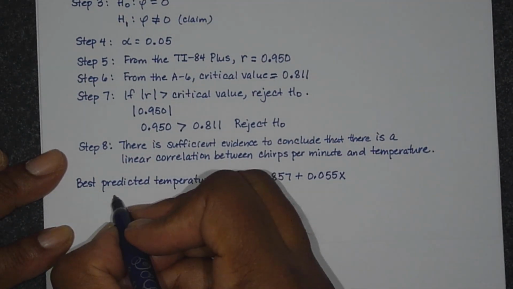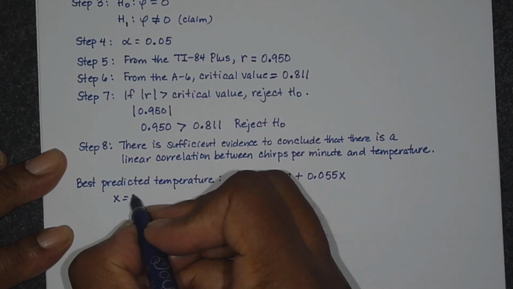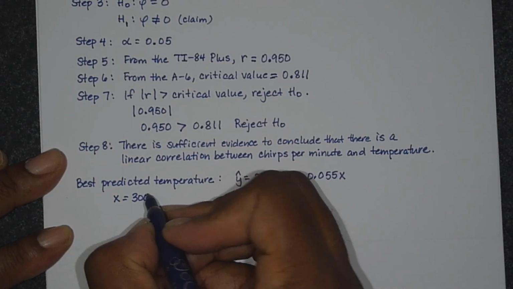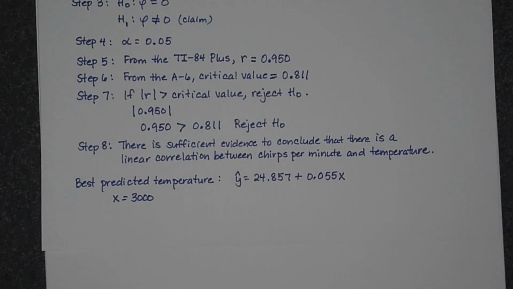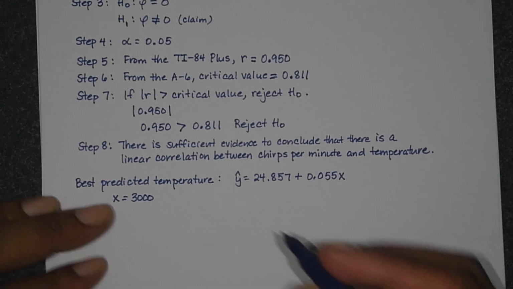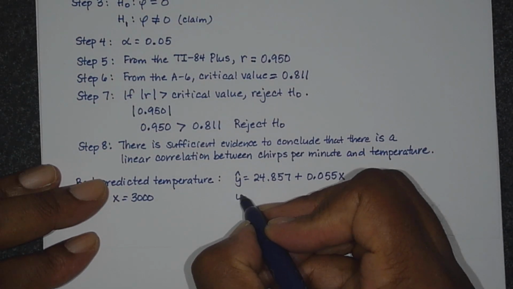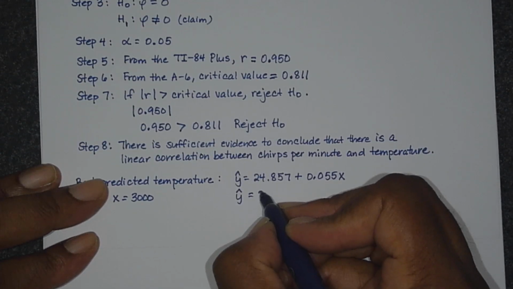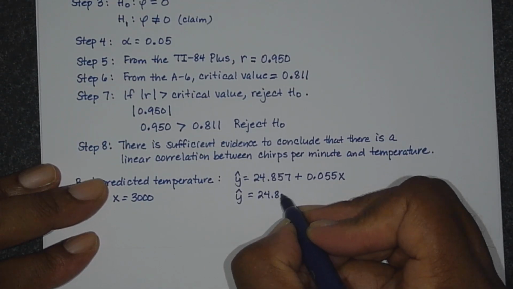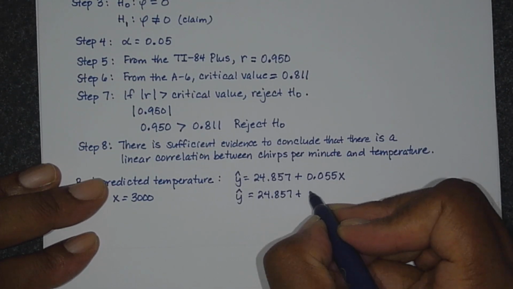And in this case, our x is 3,000, because in the problem it says find the best predicted temperature for a time when a bug is chirping at the rate of 3,000 chirps per minute. So x is 3,000. We just substitute the x in this regression equation with 3,000.